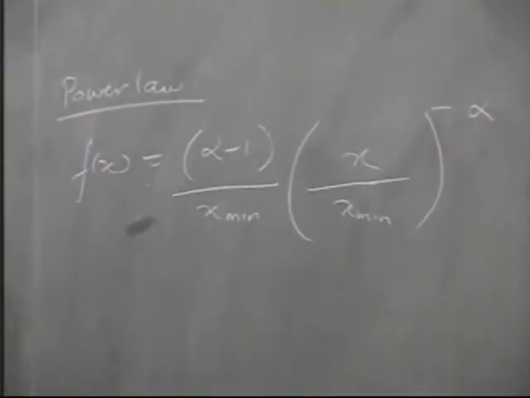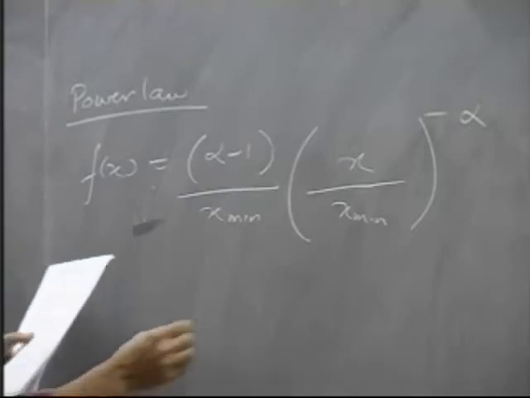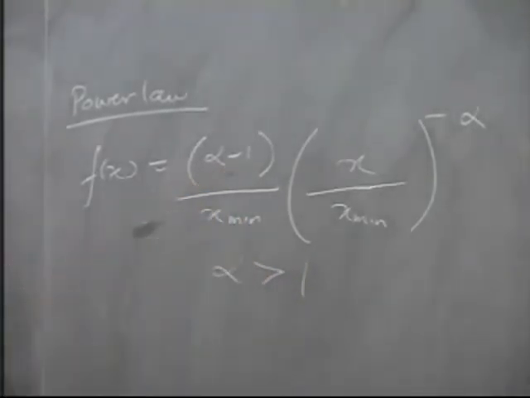The x_min parameter essentially allows you to do a certain amount of normalization if you need to. It's the smallest value x can take, and we have to make sure that alpha is greater than 1, because obviously you can't have a negative there. And this is the density function. Now I'm leaving out a normalization term.